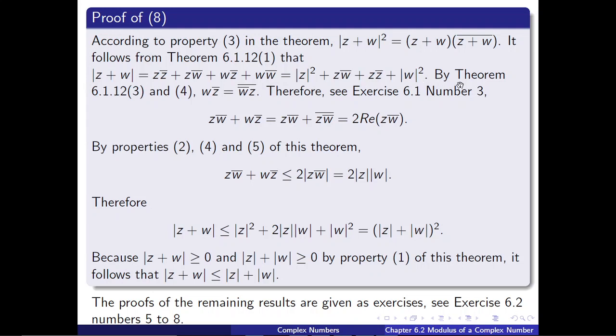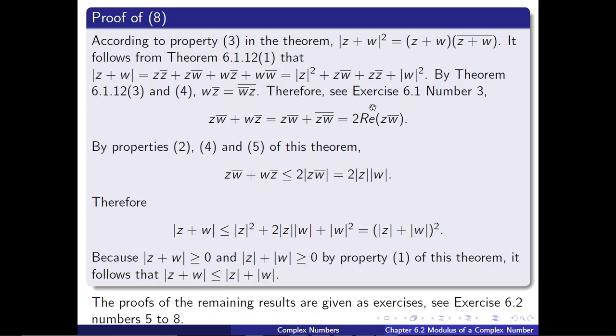Now if we look at theorem 6.1.12 parts 3 and 4, we will see that w times the conjugate of z will be equal to the conjugate of w times z.